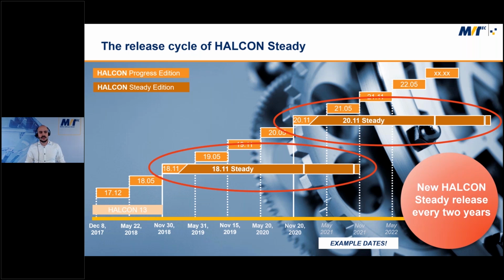Progress is the small steps, so every half a year we get a Progress edition. Now, with HALCON 20.11, this Steady edition sums up all the new features which were released in the Progress editions between the last HALCON 18.11 Steady and today.